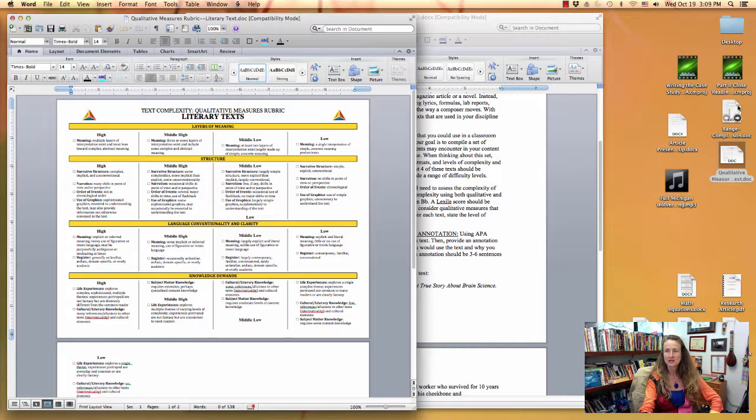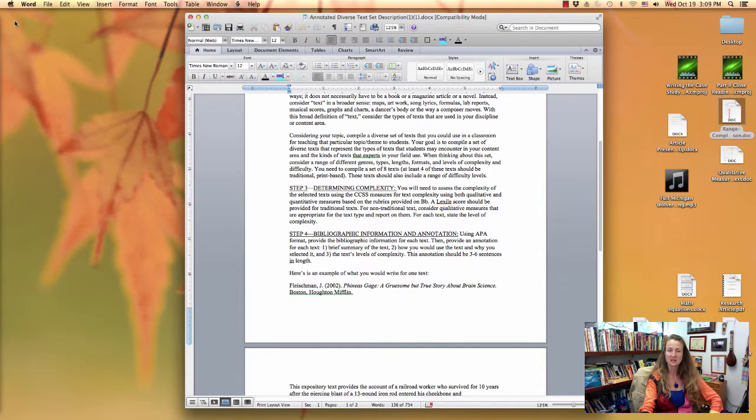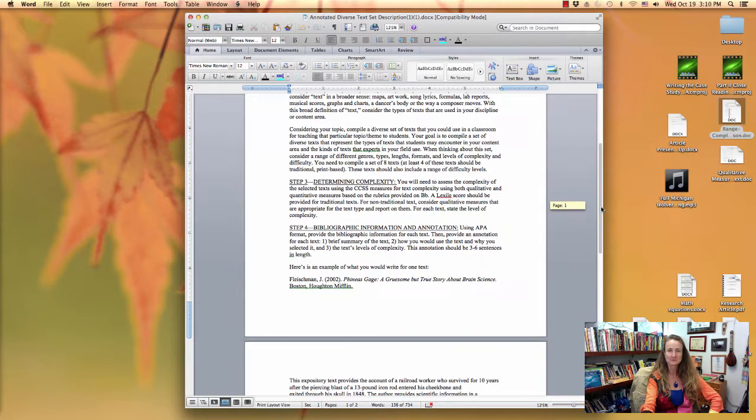You can also look at a quantitative measure like Lexile levels, or we also looked at the Fry formula for analyzing text if you can't find the Lexile level for your book. So you need a quantitative and qualitative. Now, obviously, if it's a text that does not have a lot of print, you won't be able to get the quantitative. You may just focus on the qualitative.